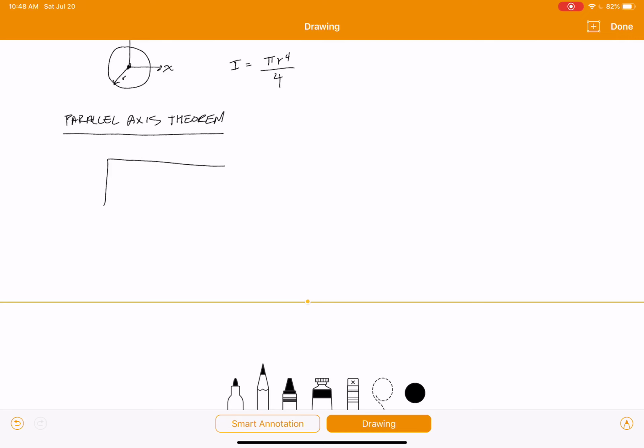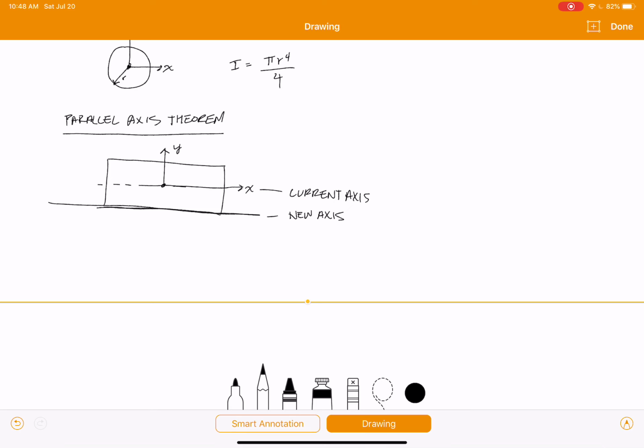So, like I said, if we have this rectangle, so this here is our current axis, and we want to know the moment of inertia about this new axis here.